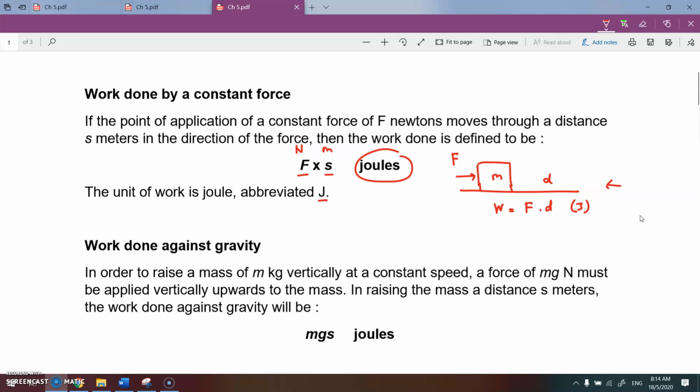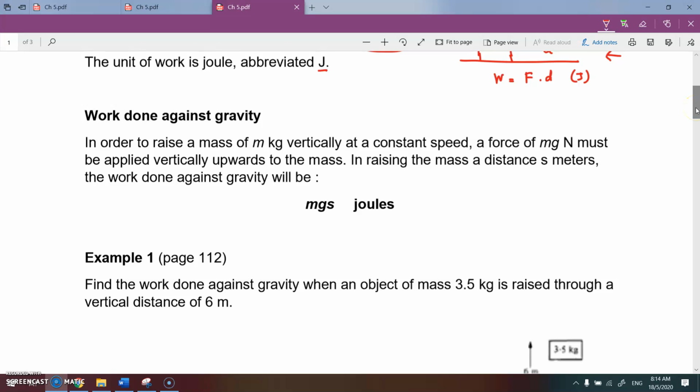It can move horizontally or vertically. If it moves vertically, then the work is done against gravity.